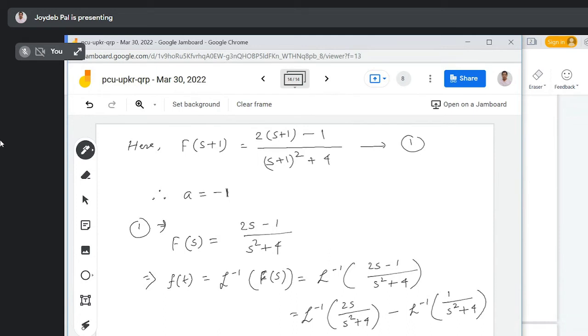Yes sir. Now, what is Laplace inverse of 2s by (s square plus 4)? Cos omega t. 2 cos 2t. Correct. Any doubt? Minus, it is what? Laplace inverse of 1 by (s square plus 4).